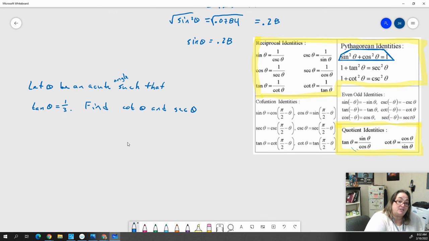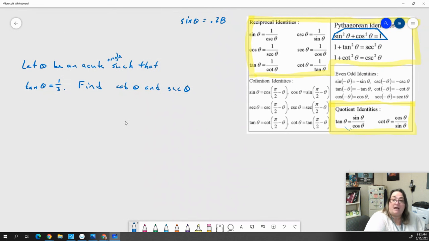So we have tangent. We know what tangent is, and we want to find cotangent, right? Well, if I look at my identities here, tangent just equals 1 over cotangent, and cotangent equals 1 over tangent, right? So I know that cotangent of theta equals 1 over tangent of theta.